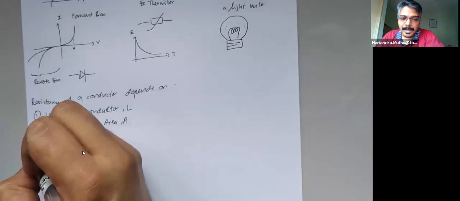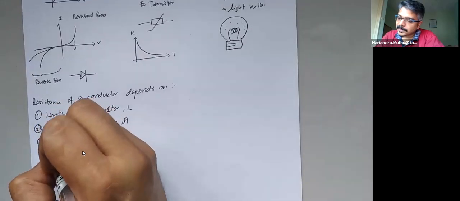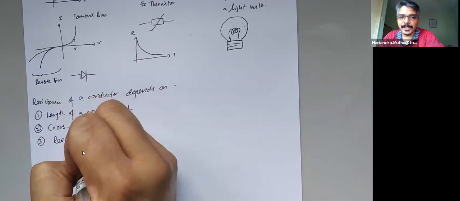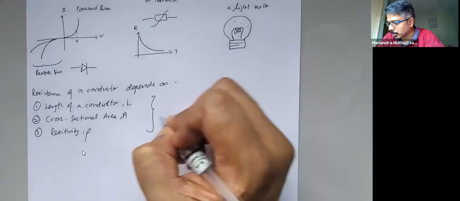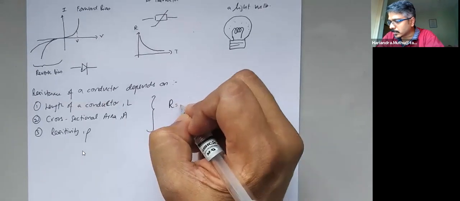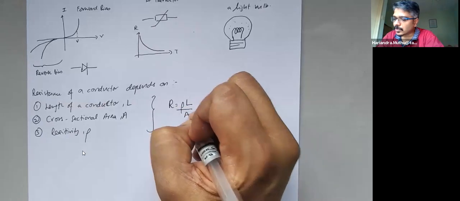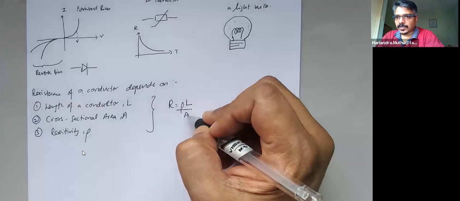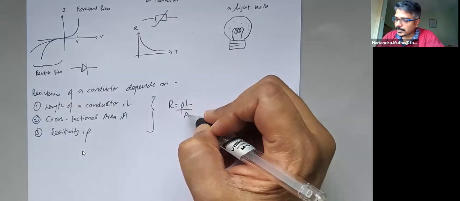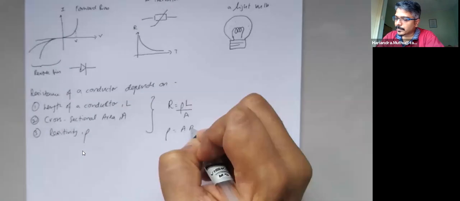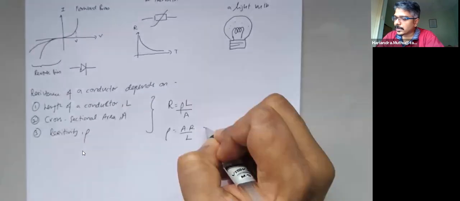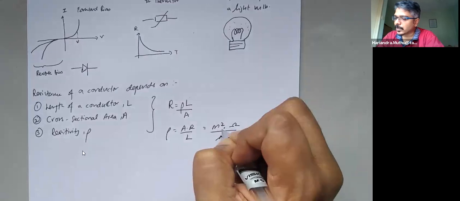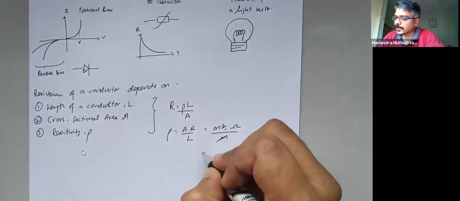And number three, it depends on the resistivity, rho, meaning the type of material. So this can be related by the equation R equals rho L over A. So rho is the resistivity, L is the length, A is the cross-sectional area. So resistivity is AR over L. So A is meter squared, resistance is ohm, length is meter. So we can cancel this. So the unit of resistivity is ohm meters.